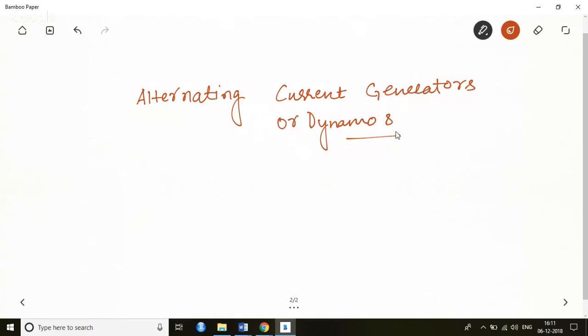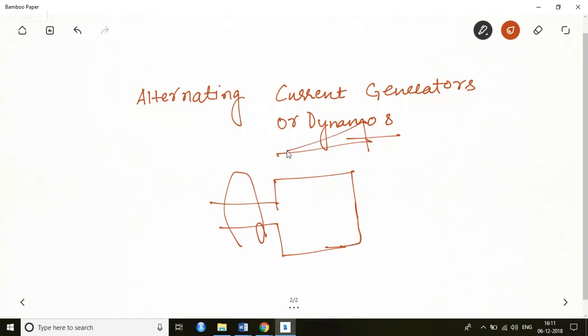Tell me. Suppose I have a coil here, and this I'm rotating like this. So it is kept between North Pole and South Pole, and this is getting rotated.